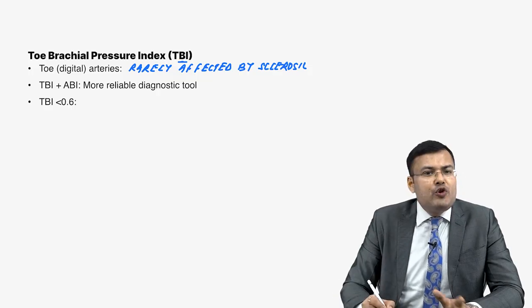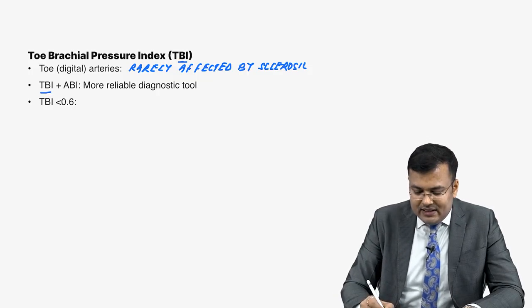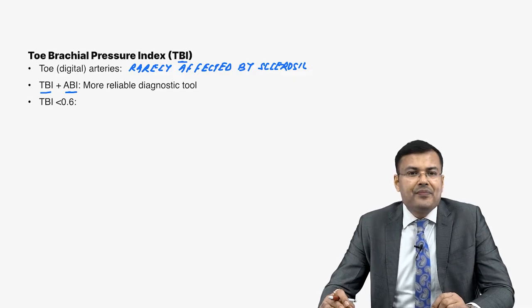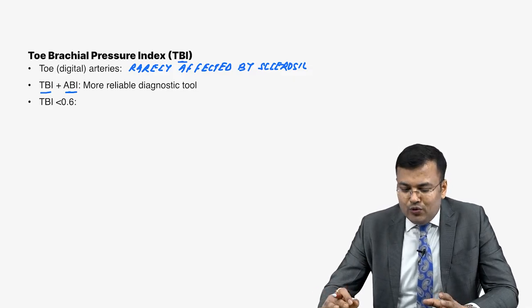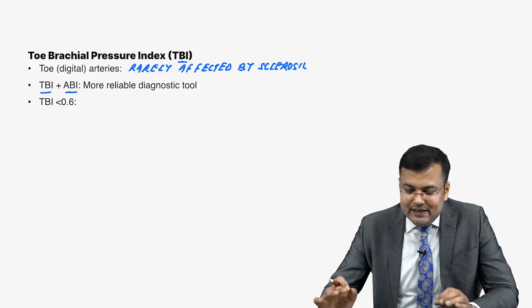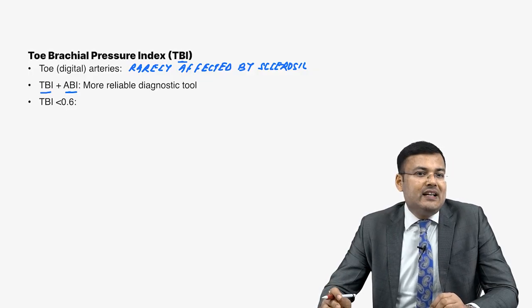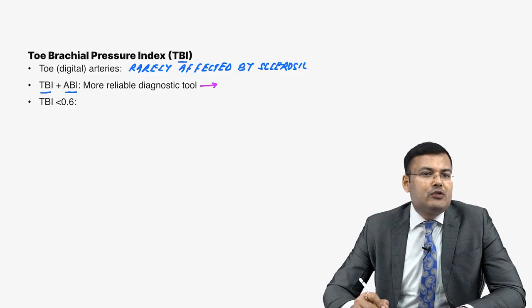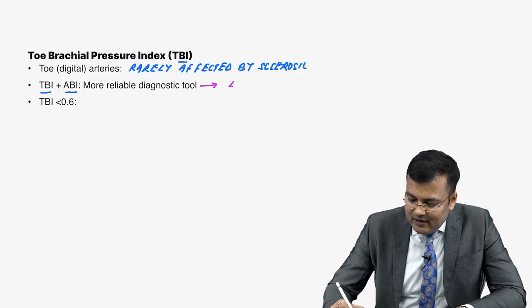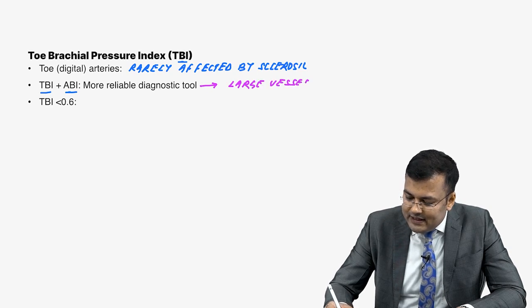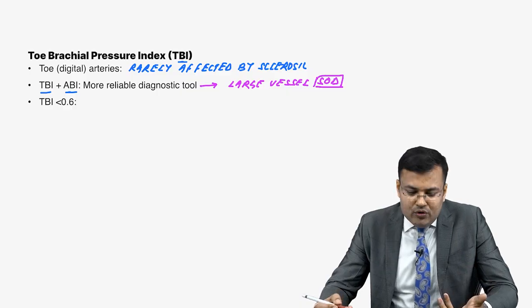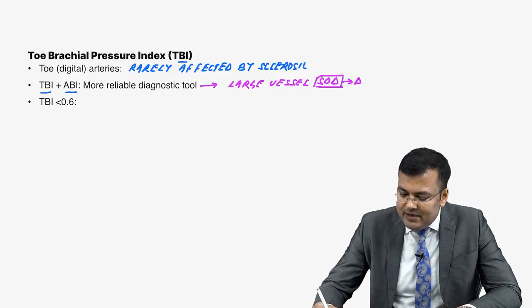Clear? So if we combine toe brachial pressure index and ankle brachial pressure index, it is a more reliable diagnostic tool for detection of large vessel steno-occlusive disease, stenosis and occlusion, in patients of diabetes mellitus.